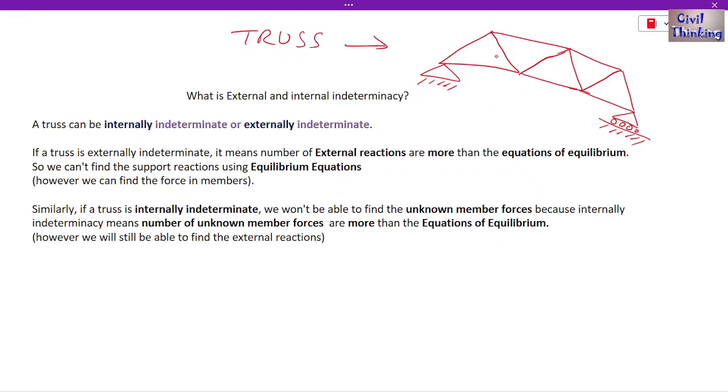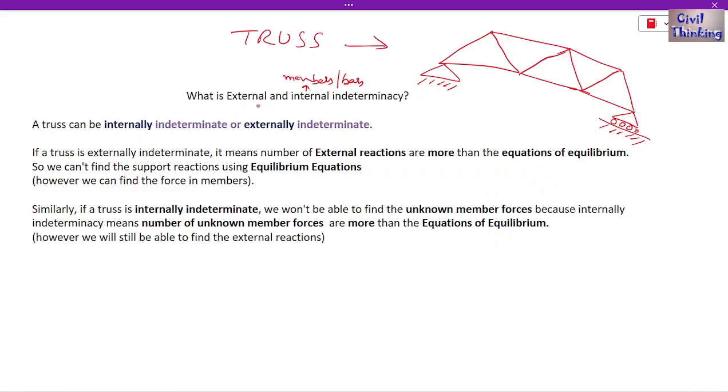When I talk about internally, we are talking about the members or bars, these bars. When we talk about externally, we ignore the internal details and treat all of this as a single structure, one entity. We don't care about internal details when we talk about external.